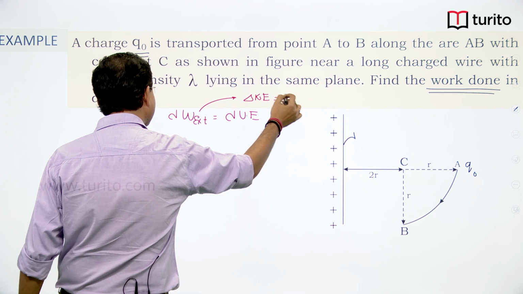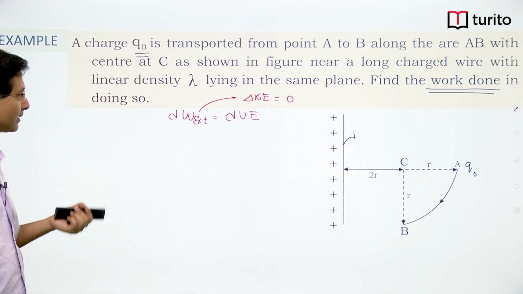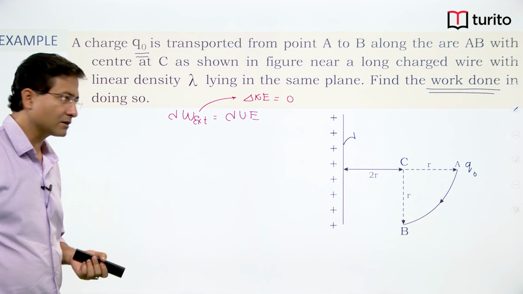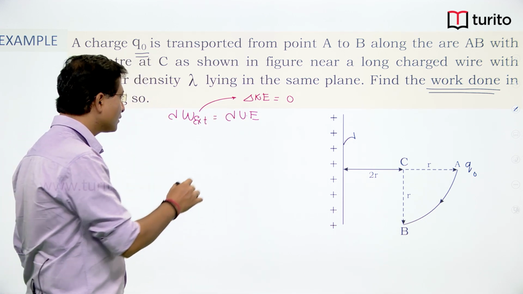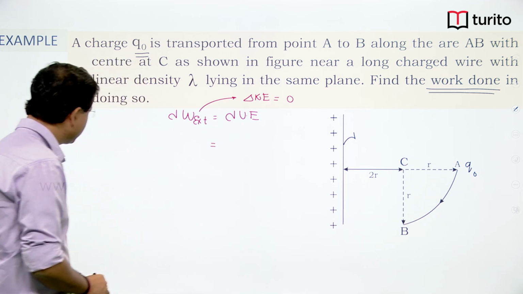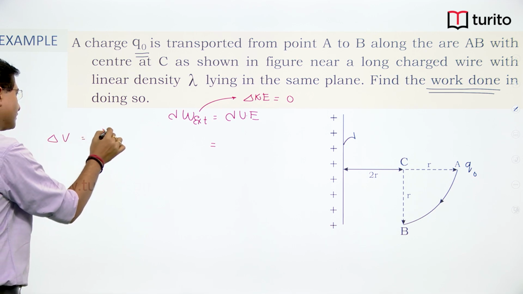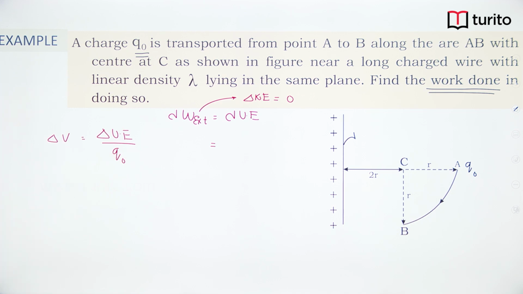We already discussed this point. Without any change in kinetic energy, whatever work I am doing changes the potential energy of the system. The way we defined it, potential difference is equal to the change in potential energy when a test charge is being moved, per unit test charge.